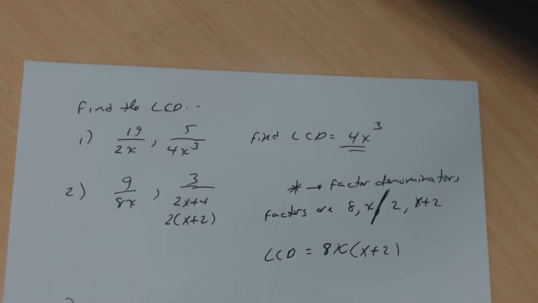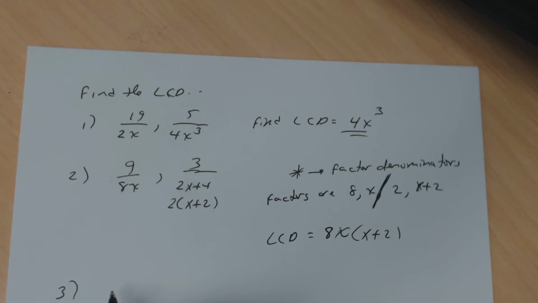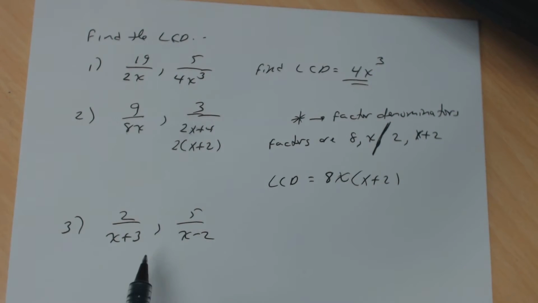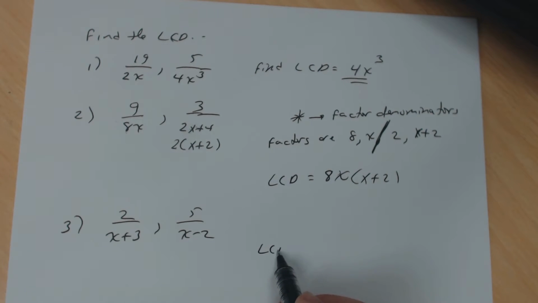All right, number 3. Suppose we had 2 divided by x plus 3, comma, 5 divided by x minus 2. My denominators are already factored. I can't do anything else to them. But remember, think about what your factors are. My factors are x plus 3 and x minus 2. In my first denominator, I have a factor of x plus 3, and there's none here.